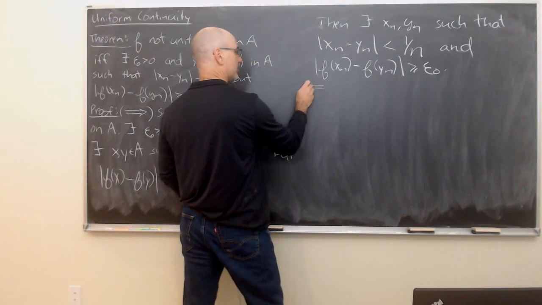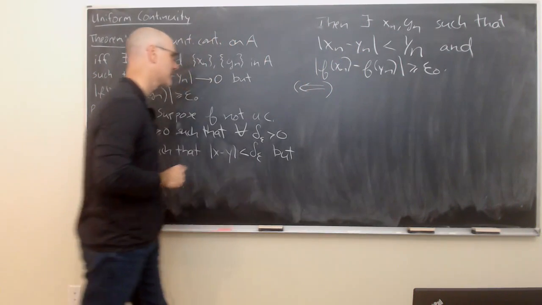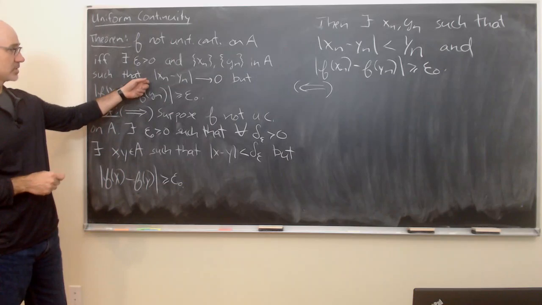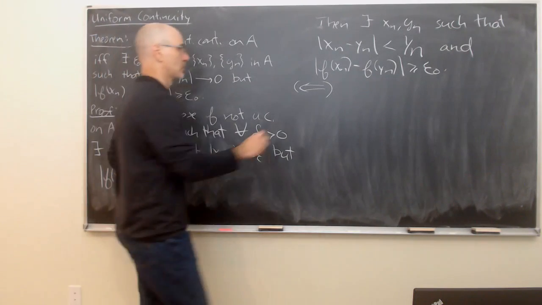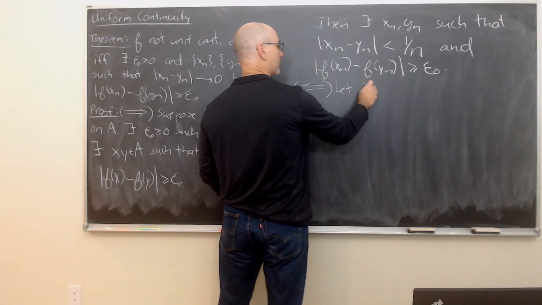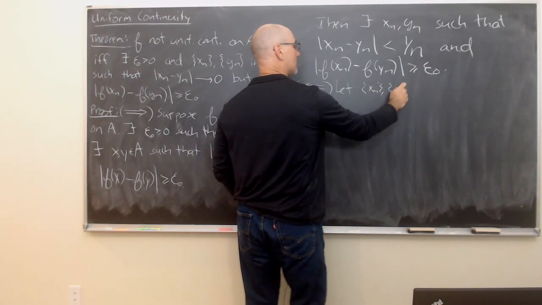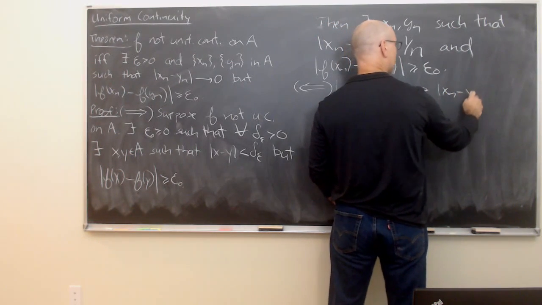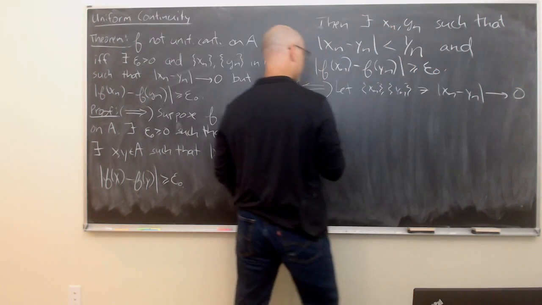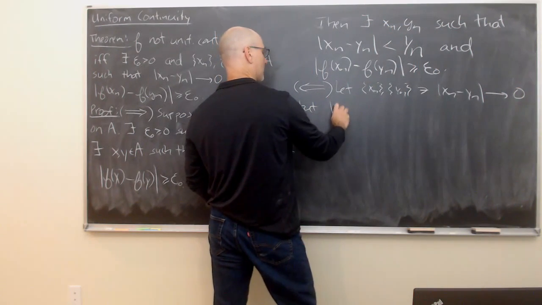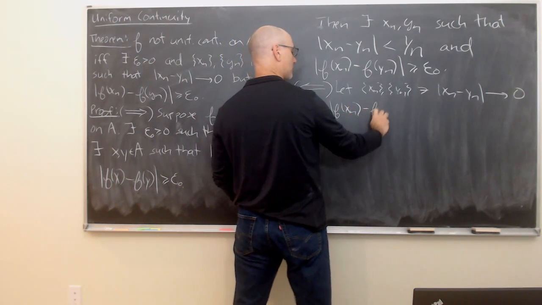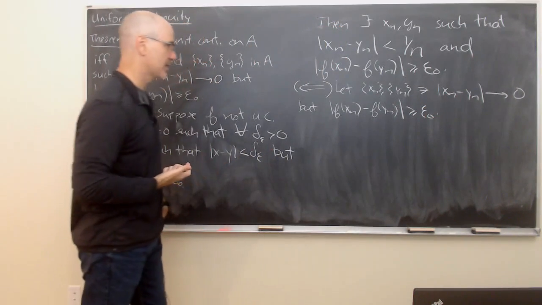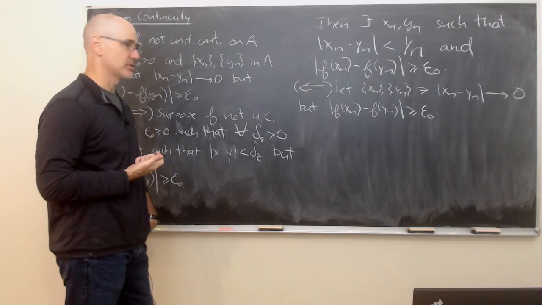Now we have to prove the other direction, but again, the hardest part has been done. Let's assume that we have two sequences x_n, y_n such that x_n minus y_n goes to 0. But even though x_n and y_n get as close as we like together, their function values do not.